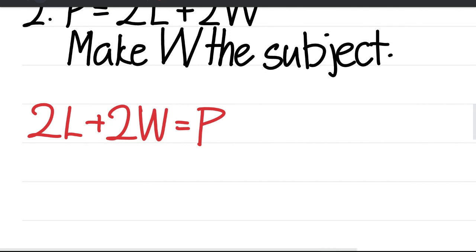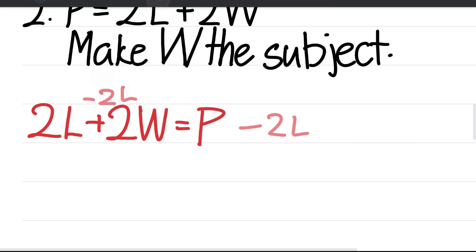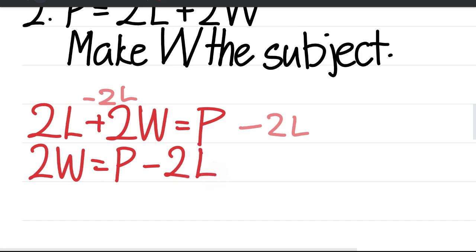Now, we want to get rid of this 2L, so we must subtract 2L. And remember, whatever we do on the left or the right, we must repeat for the other side. So let me write it with another color, minus 2L, minus 2L. So this would be 2W equals P minus 2L.